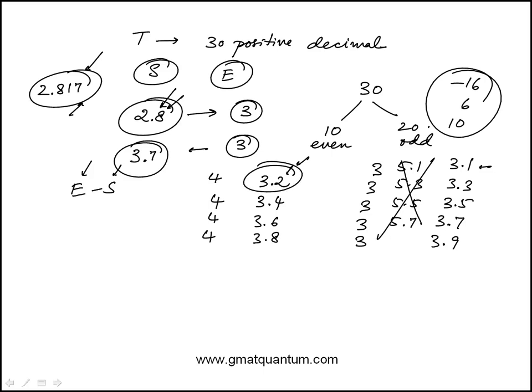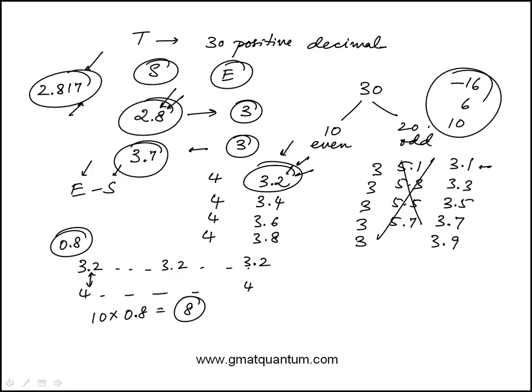So let's start with this first example where all 10 are 3.2. And these would be rounded up to 4. So the difference is 0.8. The contribution from the even ones would go up, and there are 10 of those, so it's going to go up by 10 times 0.8, or 8.